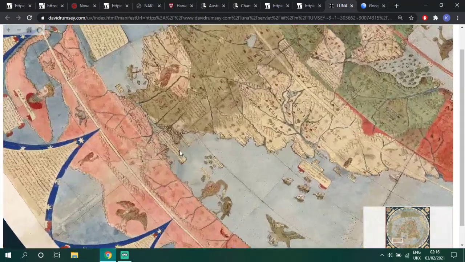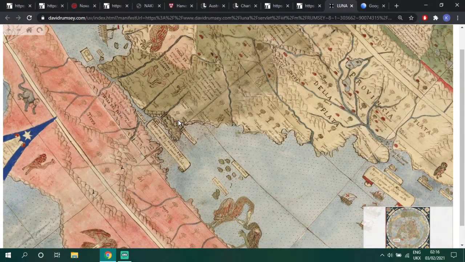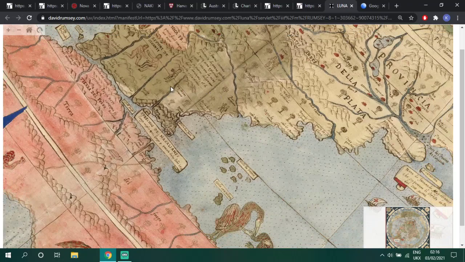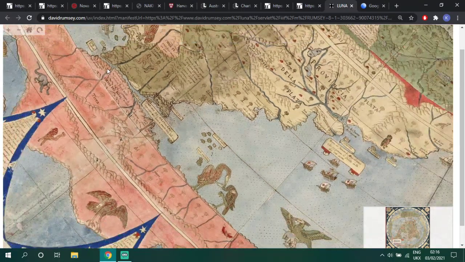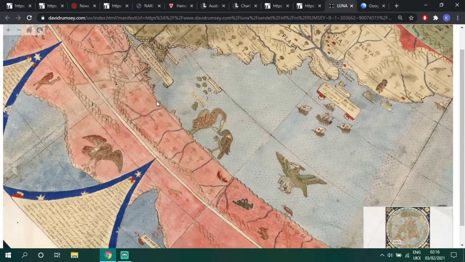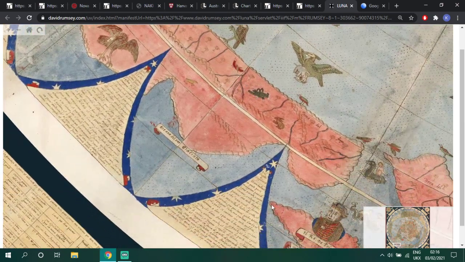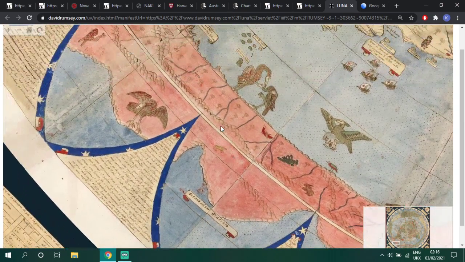So this here, this probably is now the Falklands, right? And all of this is now underwater, and so is this entire piece.